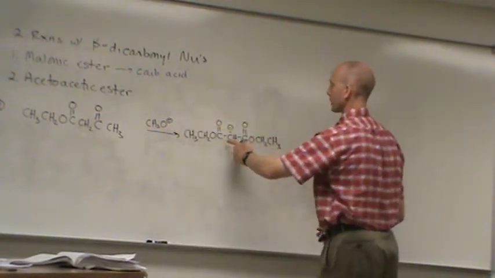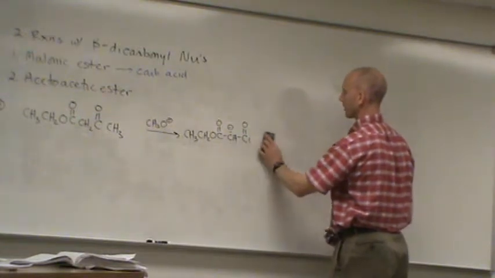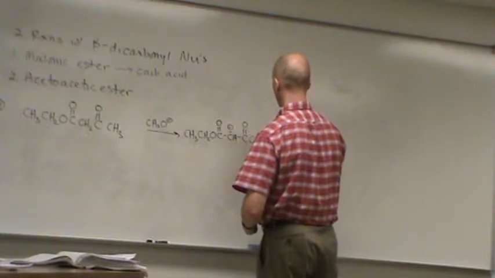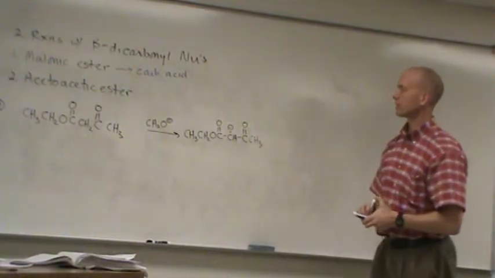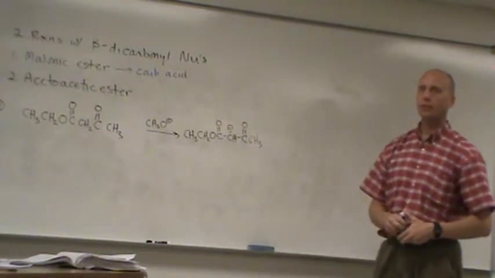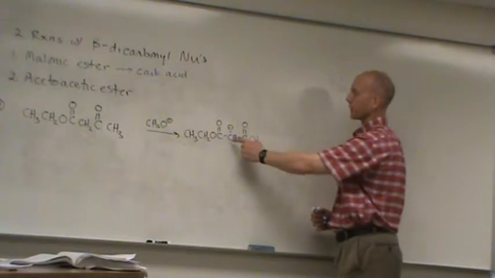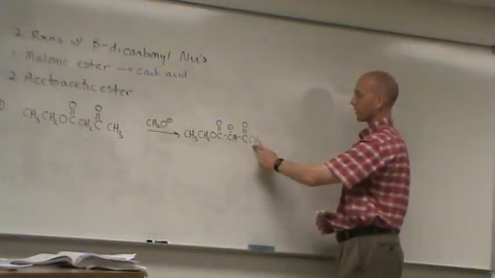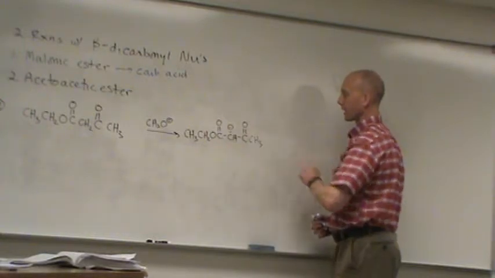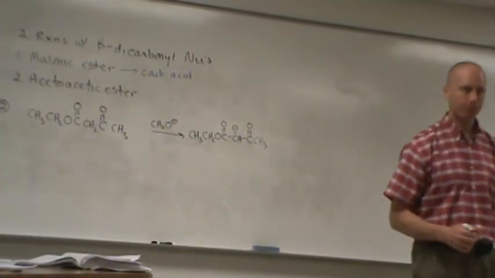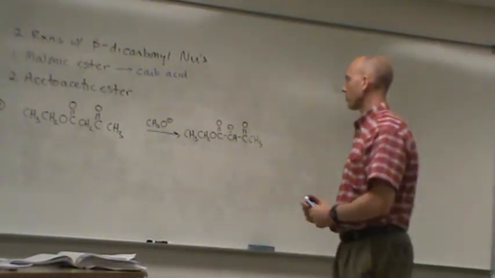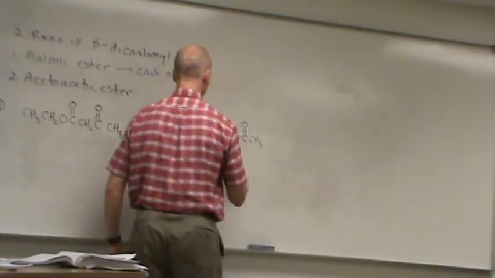Okay, so the first step, exactly the same. Except again, I'm carrying a ketone on that side. Note it took the middle hydrogen, not this hydrogen, because remember, the middle one was more acidic because of the double enolate that could form. Then the second step, we'll go ahead and alkylate once again.